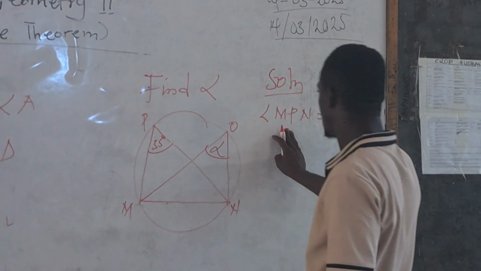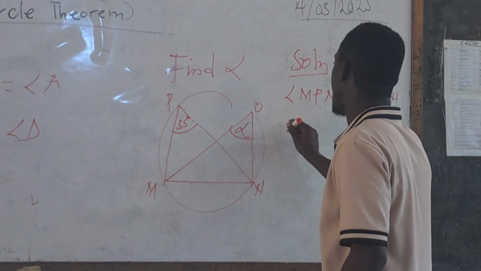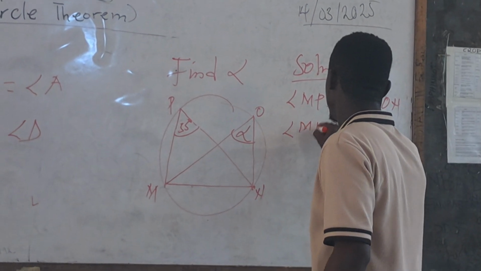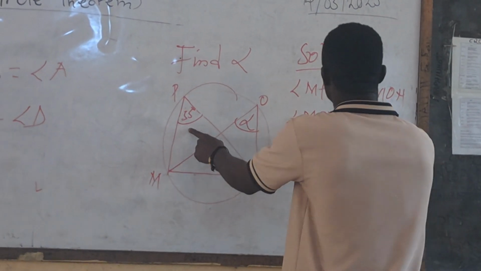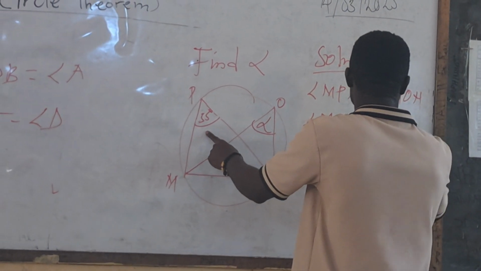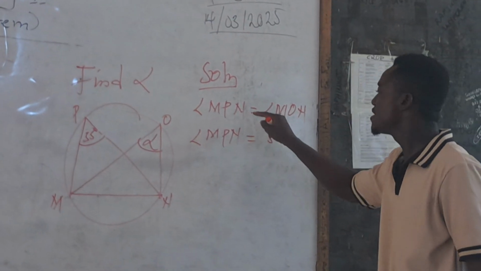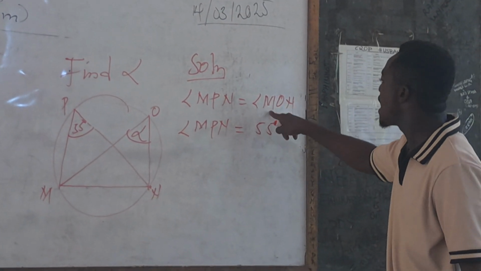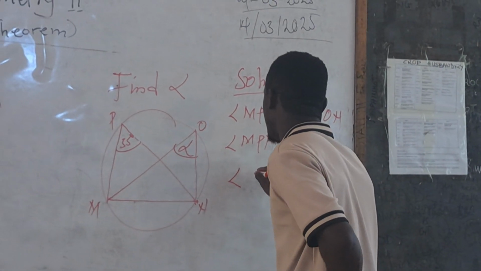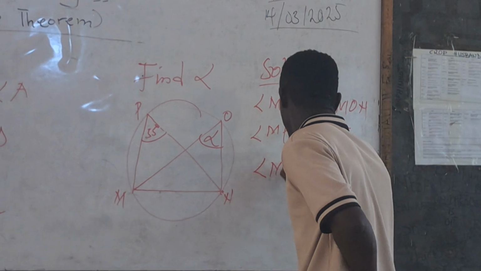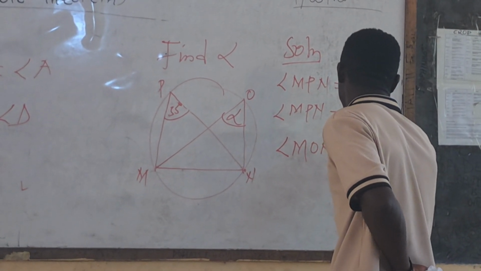But what is the angle OPN, MPN? So angle MPN is 55. Therefore, since angle MPN is equal to angle MON, the angle MON is also equal to 55 degrees.